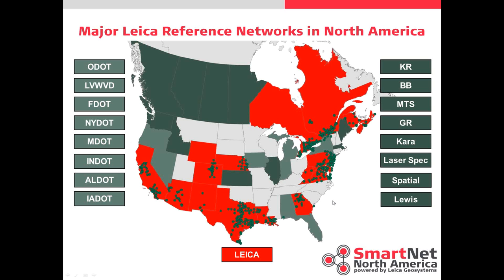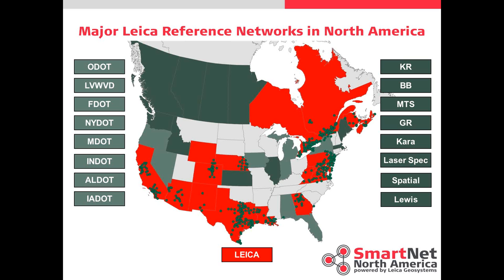So these are the major Leica reference networks in North America. The red would be the networks that we consider to be SmartNet. The light green are DOT or public networks, and the green are dealer networks that are still out there in operation today. So these are what we consider our affiliates, the green ones. The red ones are what we consider the SmartNet stations, the SmartNet networks.